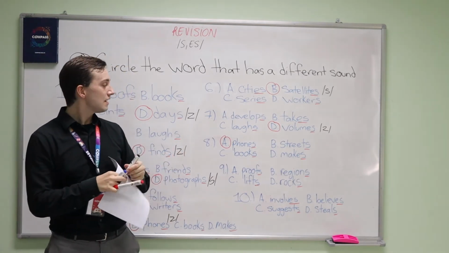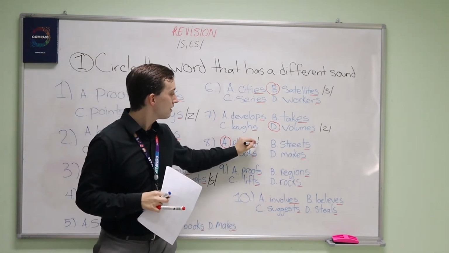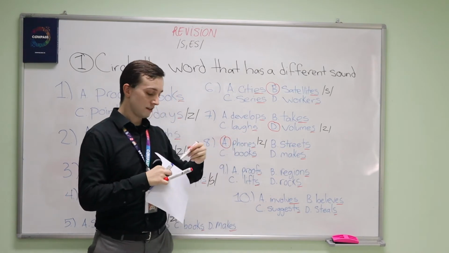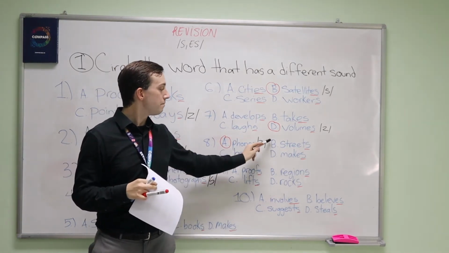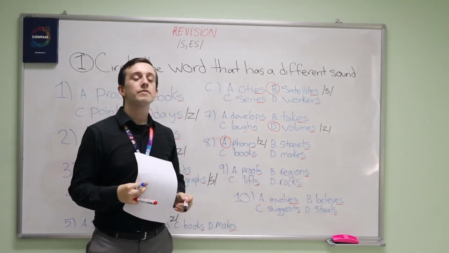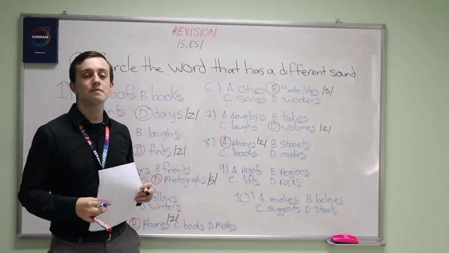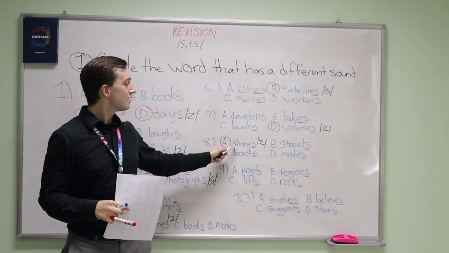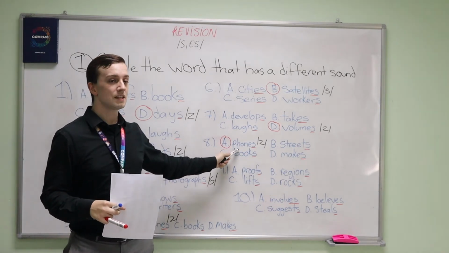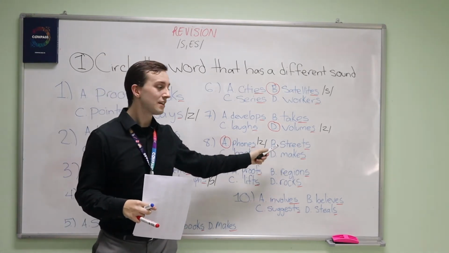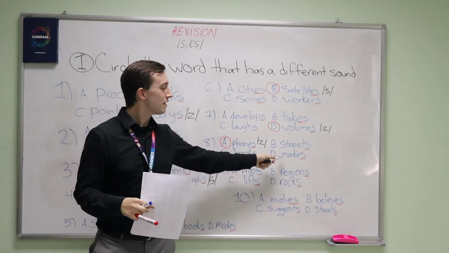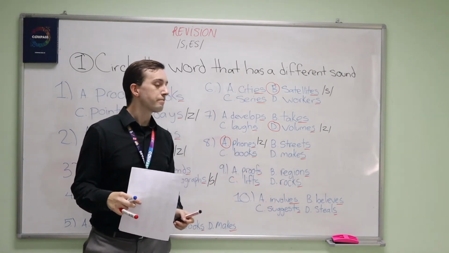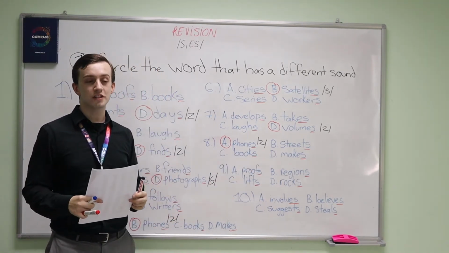In phones, ES makes the sound Z. But in B, C, and D, S and ES make the sound S. Like this. Phones, streets, books, makes.